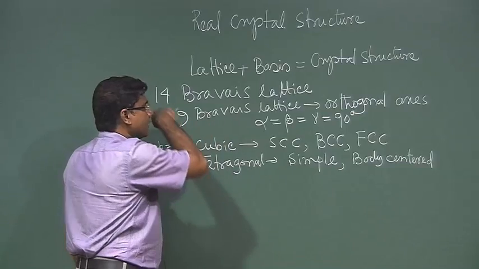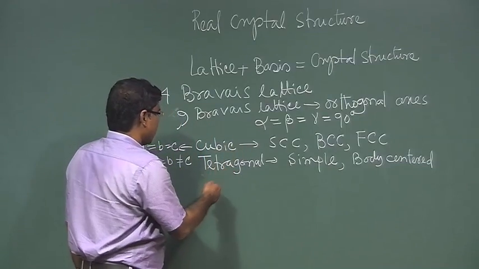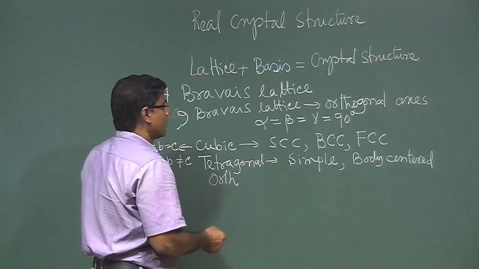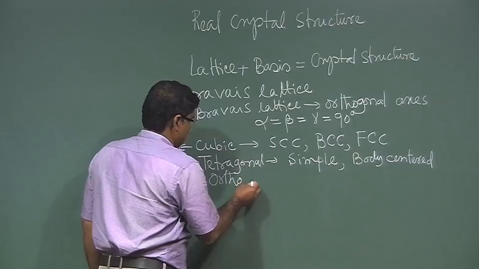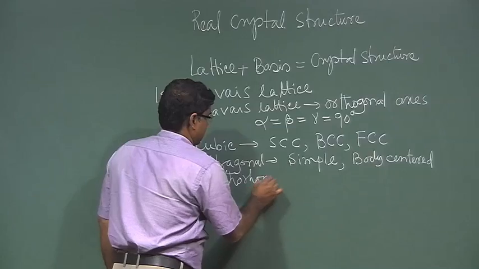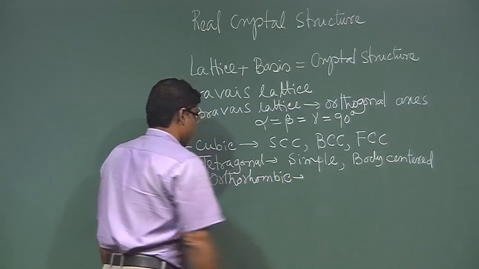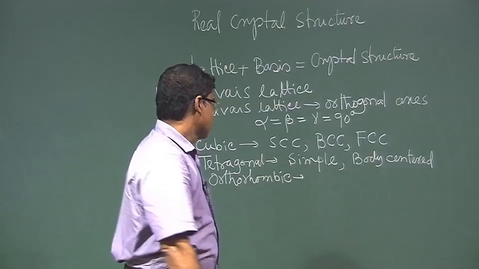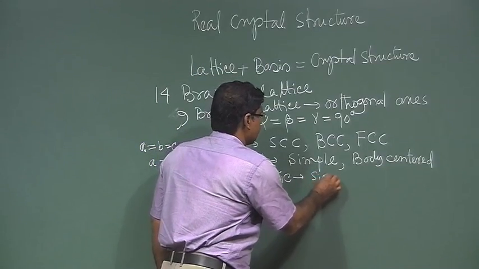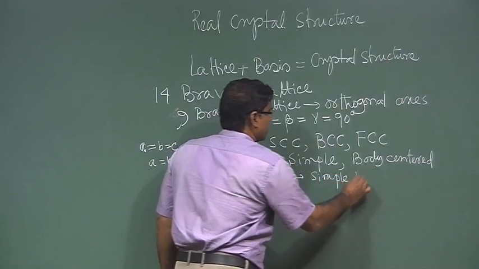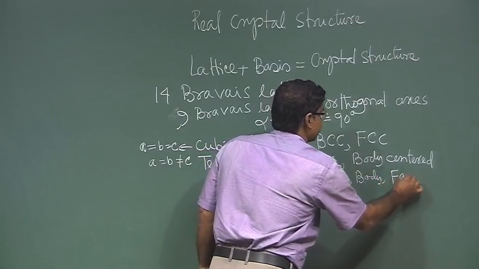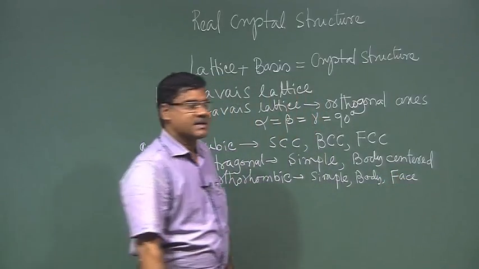And another is the orthorhombic crystal system, having orthogonal axes. So, it has 4 Bravais lattices: simple, then body centered, then face centered and base centered.